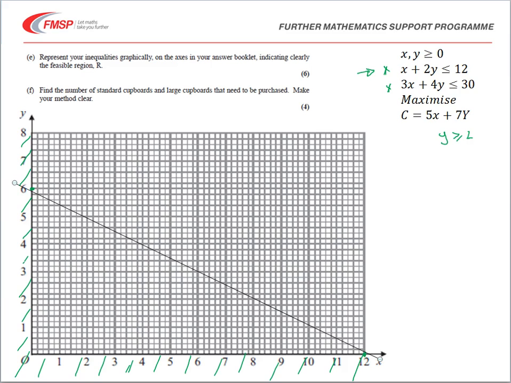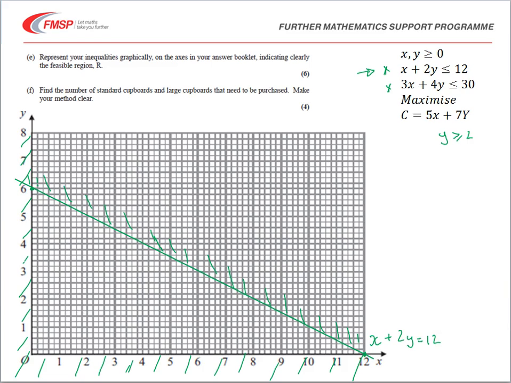Let's move it up slightly. So carefully done with a ruler, and then marking out again the region that we can't use, so we're going to mark out everything which is above that line, and also label the line with its equation. So this one is x plus 2y is equal to 12.